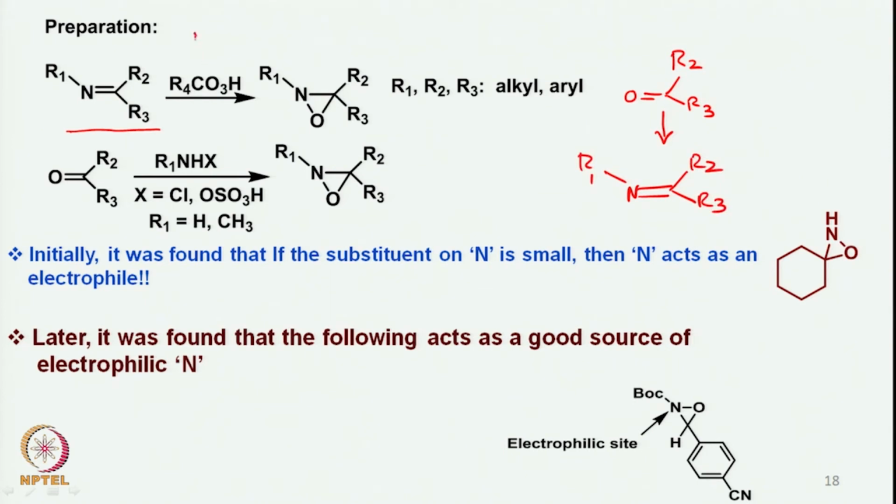So, any peracid such as metachloroperbenzoic acid, peracetic acid or any other peracid, we can easily epoxidize this imine to form the corresponding oxaziridine.